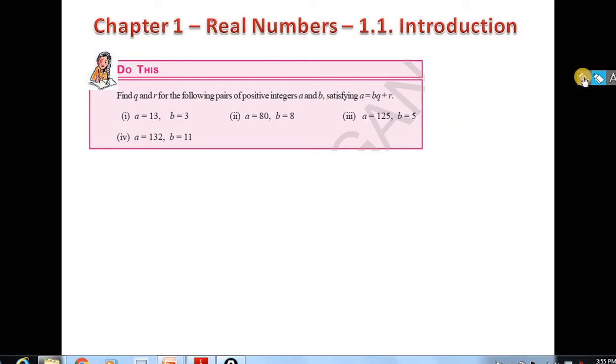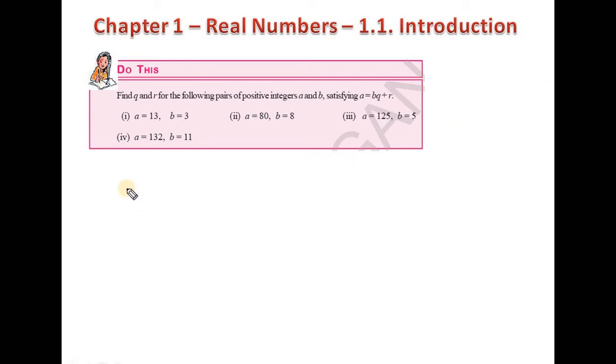Okay. Let's take an example of the first one. If I consider the first problem, you will have A as 13 and your B as 3. So we know the division algorithm already. A is equal to BQ plus R. We have to write in this format.